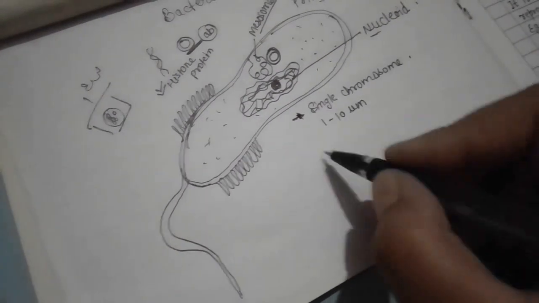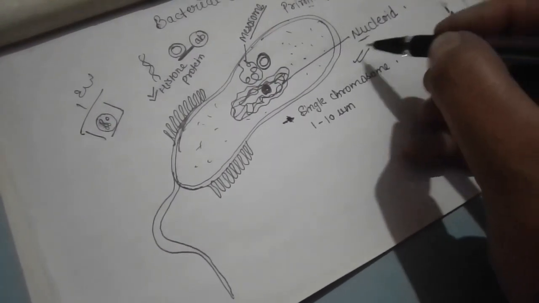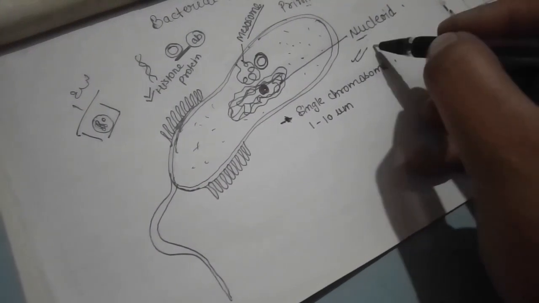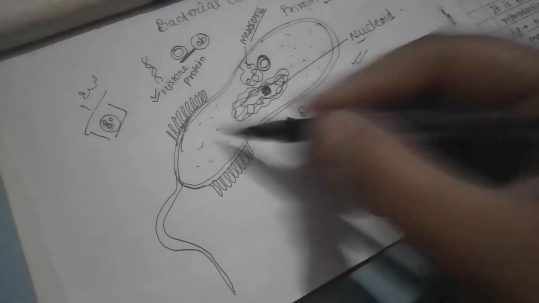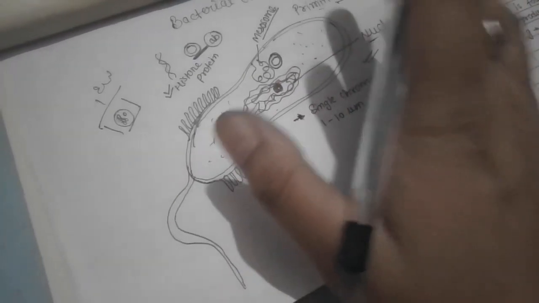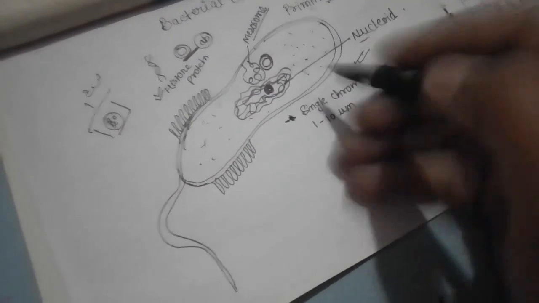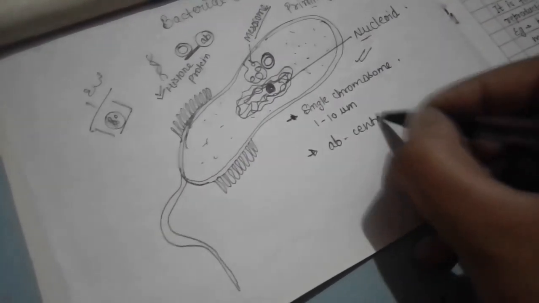So here we have the structure present in the prokaryotes, that is the nucleoid, right? Membrane-bound cell organelles are absent in the prokaryote, and in the eukaryote they have all that structure. Centriole is absent here also.